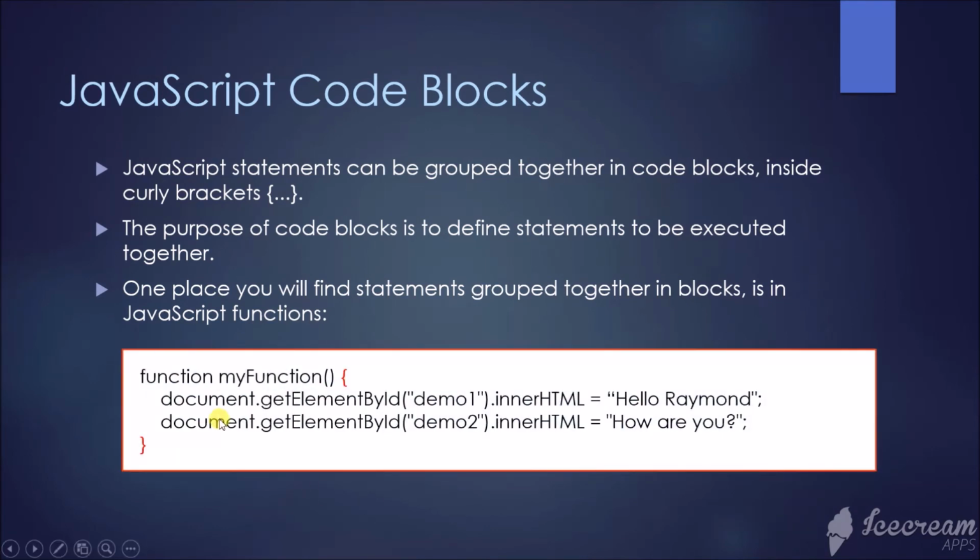So like this, this is a function in JavaScript and we have curly braces here. And here are the statements. Now, once this function is invoked or called, these particular statements will be executed. Okay? So that is what we call a code block. It groups certain code.